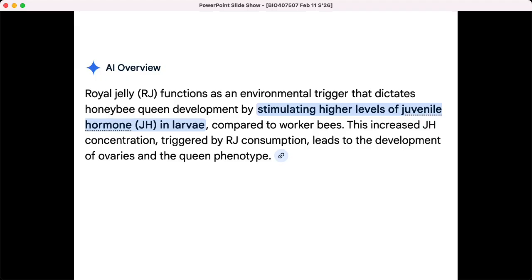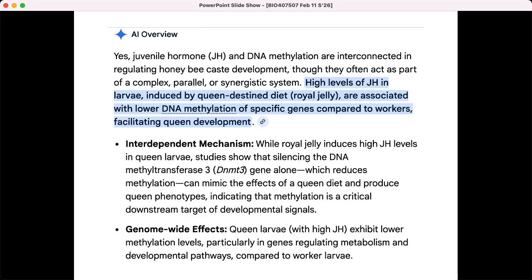And the royal jelly is actually just nutrients that cause the increase in juvenile hormone. So just to follow up on some of the things that came up: juvenile hormone and DNA methylation are interconnected, and high levels in the larvae induced by the queen-destined diet, royal jelly, are associated with lower DNA methylation compared to the workers.